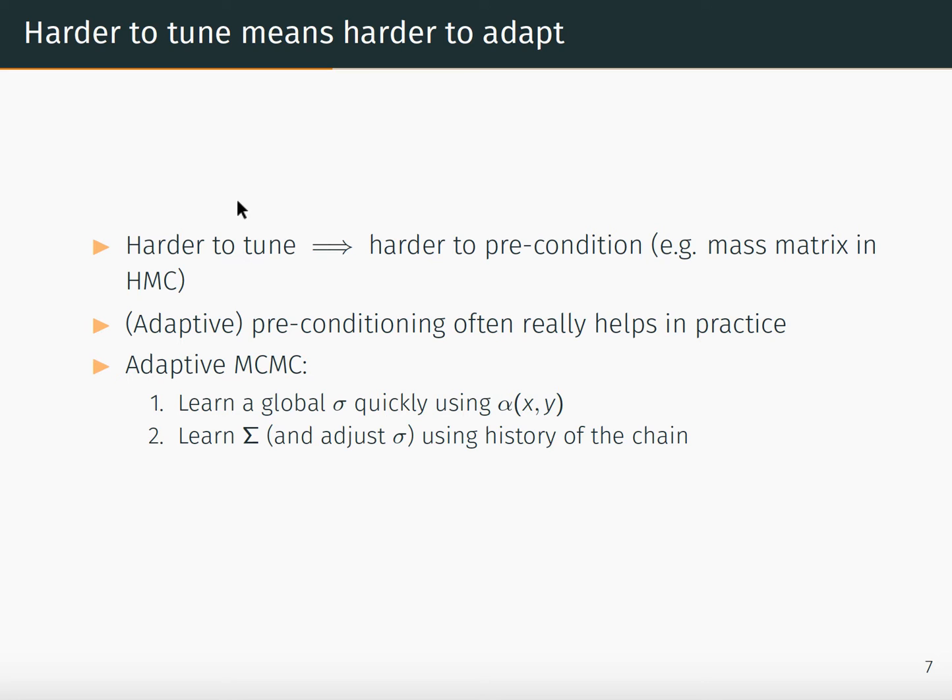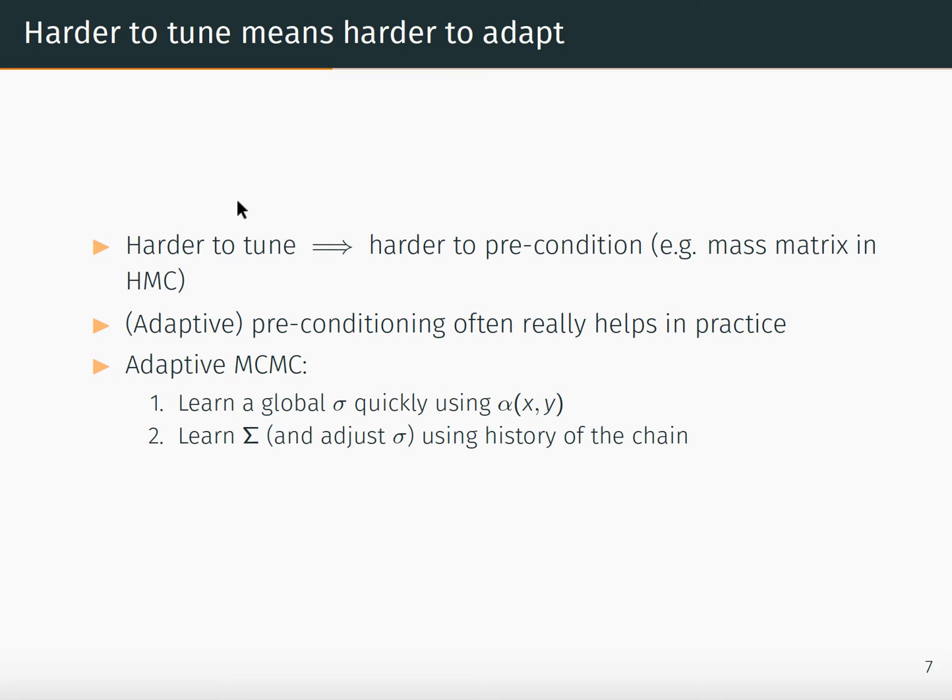Well, if you think about how a typical adaptive MCMC method works, what you're going to do is learn this global scale quickly, and that's typically just based on targeting a desired acceptance rate, and then while you're doing that, you're on the fly trying to learn a preconditioning matrix, capital Sigma, using the history of the chain.